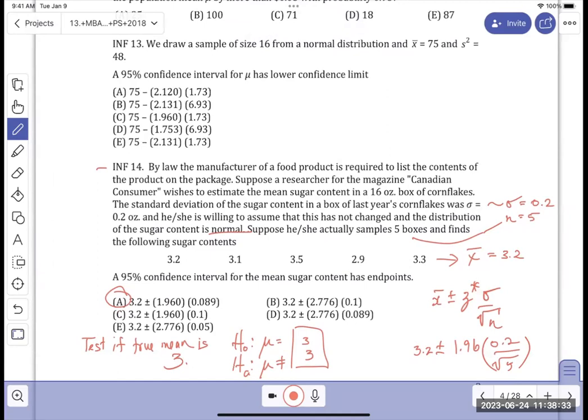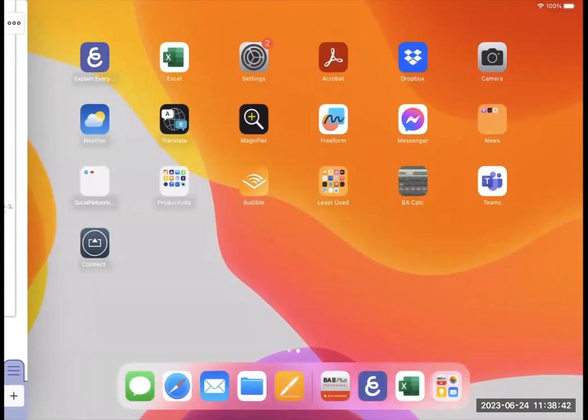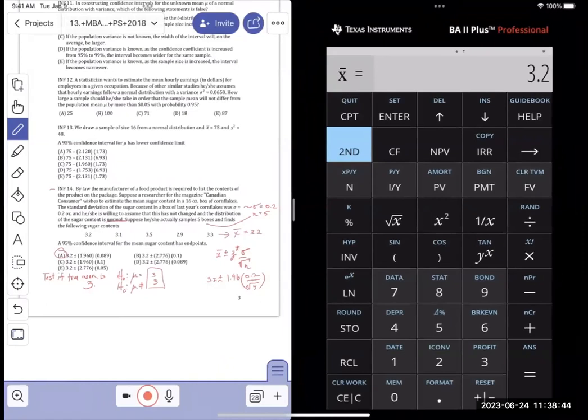Thank you, Marcos. So with the calculator, I would take 1.96 times 0.089, and then I would store that in the first one.